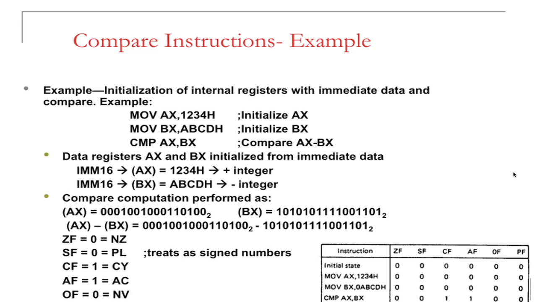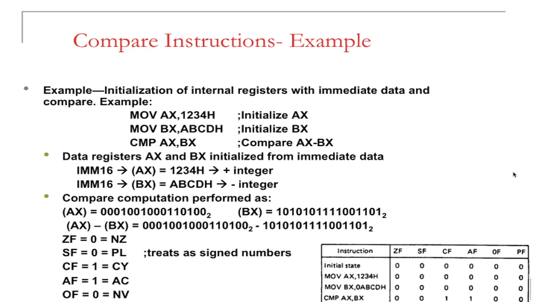So what you can imagine here, the AX has a positive number, and BX has a negative number because the sign bit of BX is a 1. So when you do the subtraction, or even before you do the subtraction, you know AX is larger than BX.